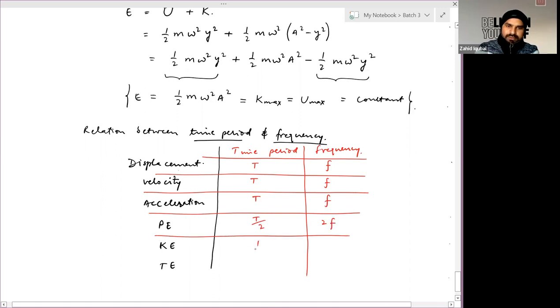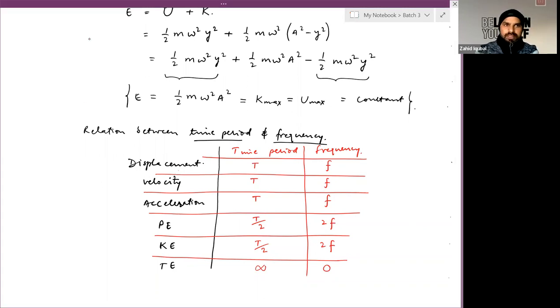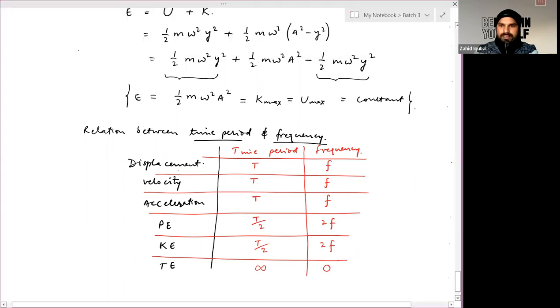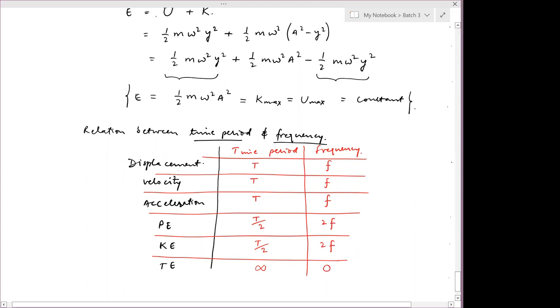Similarly, for kinetic energy, the time period will become half and the frequency will become twice. But in case of total energy, which is constant, the time period will become infinite and the frequency will be zero. So this is the relation between time period and frequency for different physical quantities in SHM. Tiba, is it clear? Clear, sir.